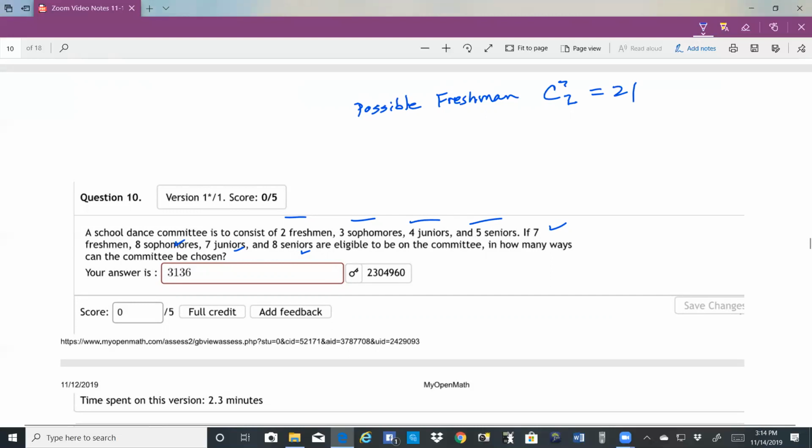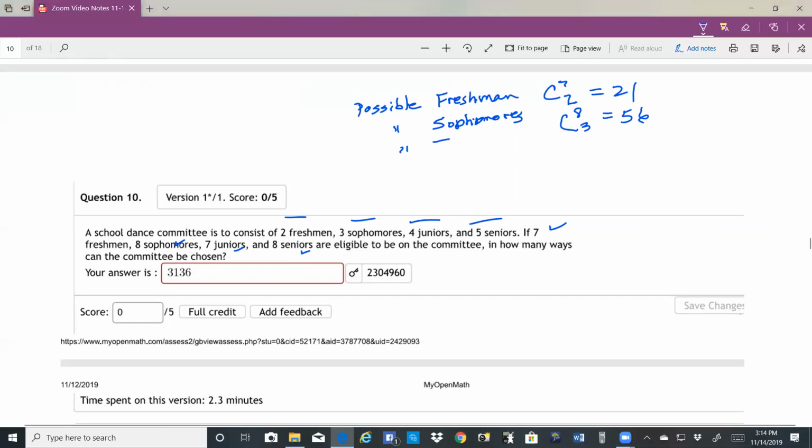Now, the possible sophomores is going to be, you have 8 available and 3 to pick. Combination of 8 things taken 3 at a time is equal to 56.